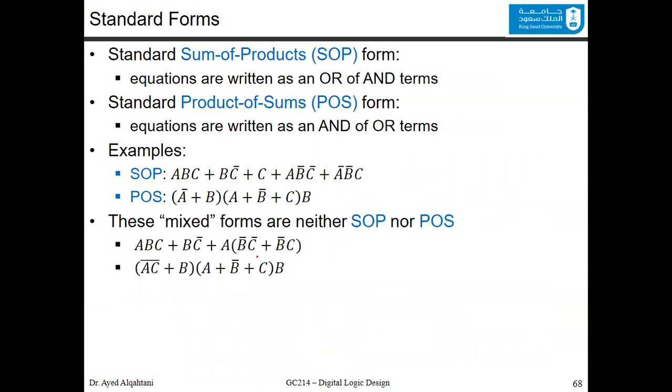Now, just to make sure you understand everything so far, the standard sum of products, SOP, form, is an equation written as an OR of AND terms. The standard product of sums, POS, form, is an equation written as an AND of OR terms.